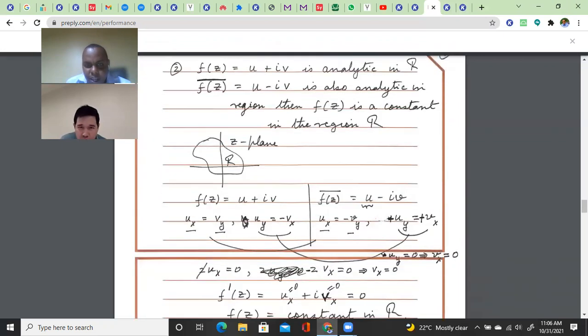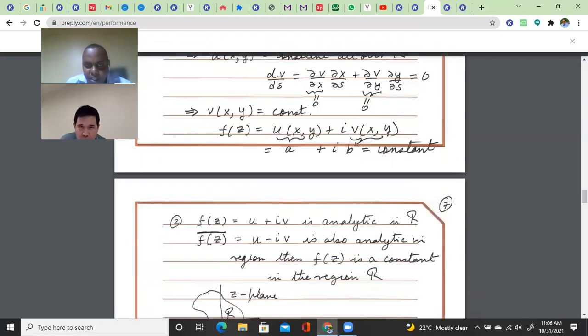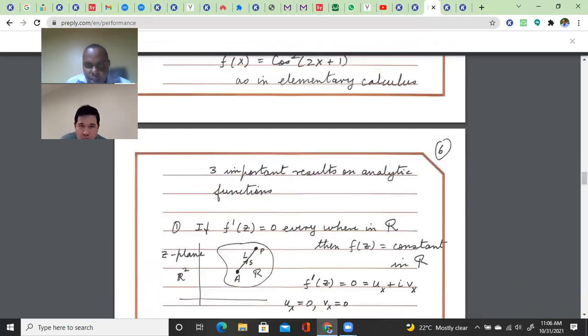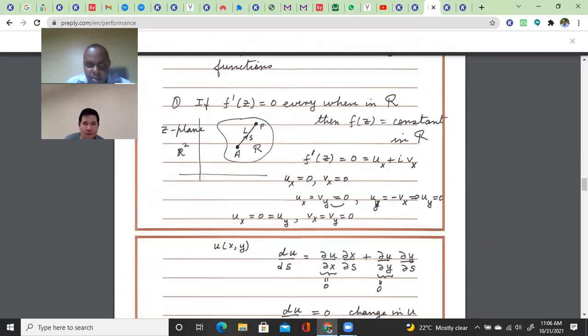So these are some observations. He's calling them three important results on analytic functions. If the derivative of the function is 0 everywhere in R, then that function is going to be a constant in that region.